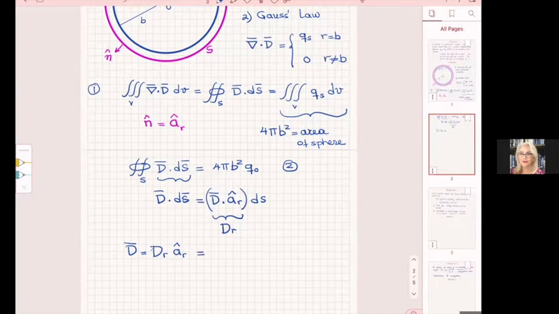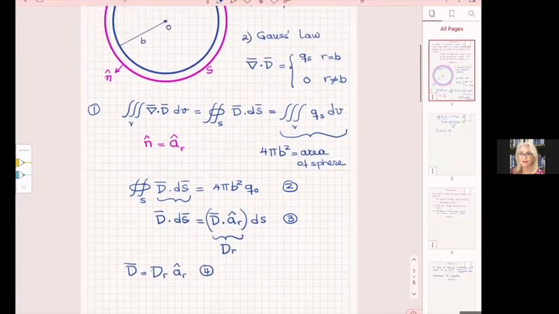Wait a second. We wrote this. So now we have to take equations 2, 3, and 4.